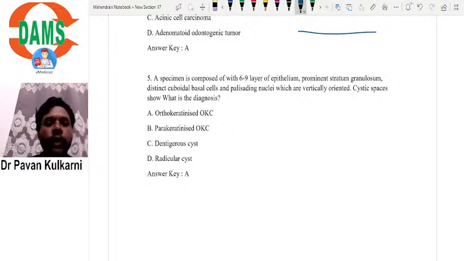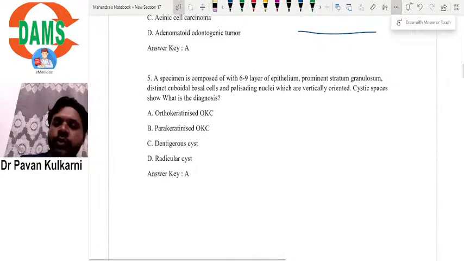Next, let us move on to the next question here. A specimen or the histopathology shows 6 to 9 layers of epithelium, prominent stratum granulosum.